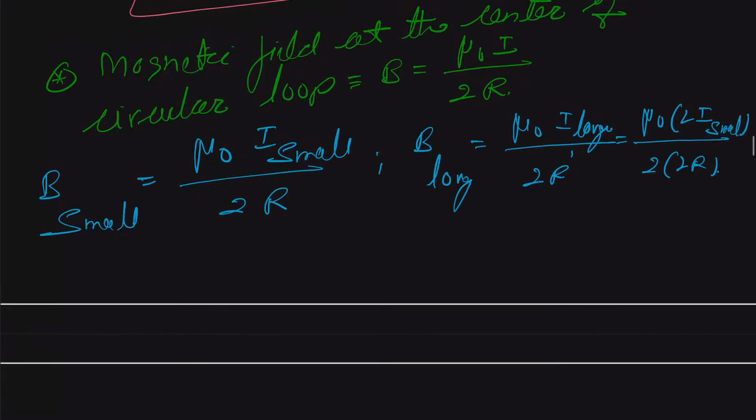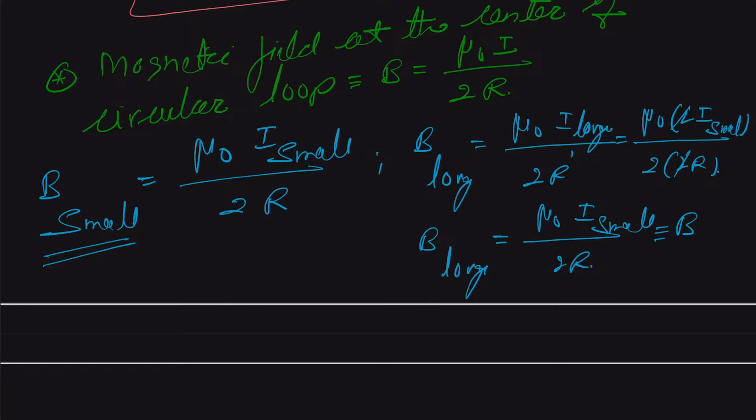Okay. And so here 2 and 2 cancel out, therefore we get the magnetic field of our large is equal to mu naught I small divided by 2r, which is nothing but our magnetic field of our small.